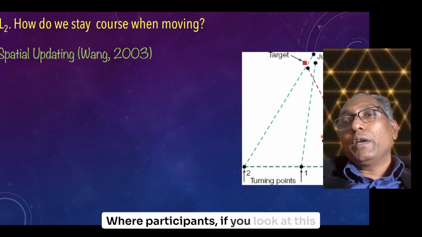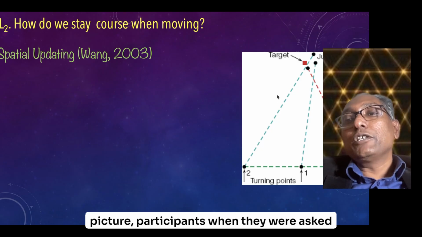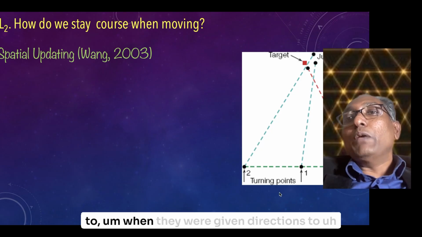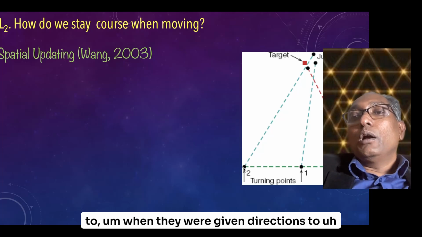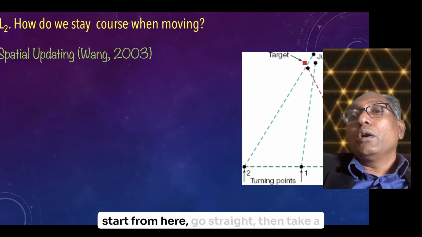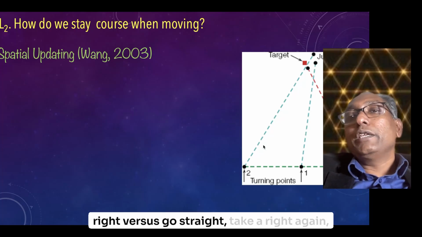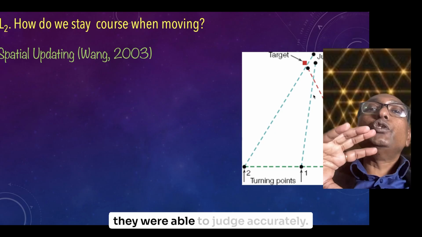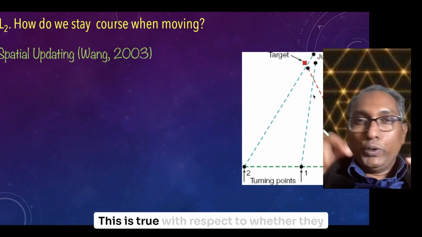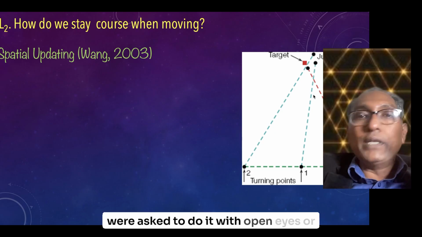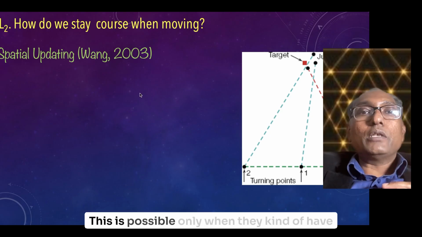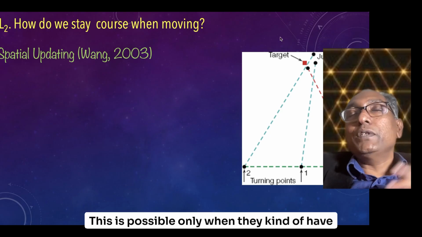Okay, so we use a visual direction strategy, but we also use spatial updating. If you look at this picture, participants, when they were given directions to start from here, go straight, then take a right, versus go straight, take a right again, were able to judge accurately. This is true irrespective of whether they were asked to do it with open eyes or closed eyes. This is possible only when they have this visual map.